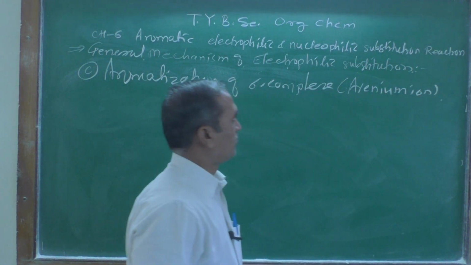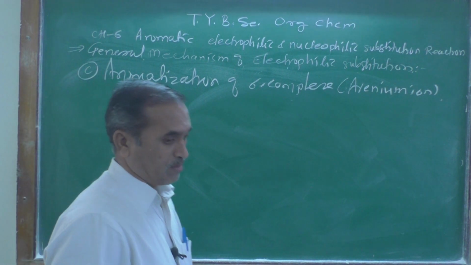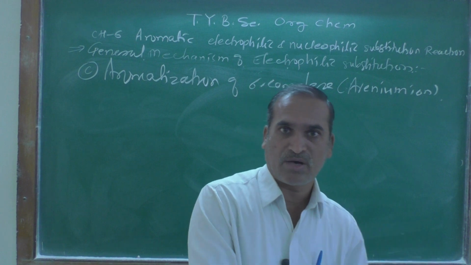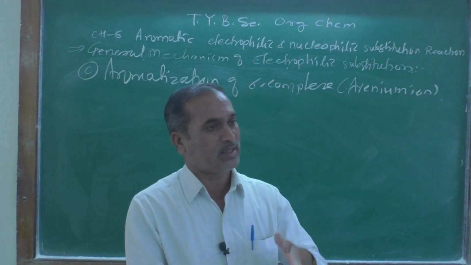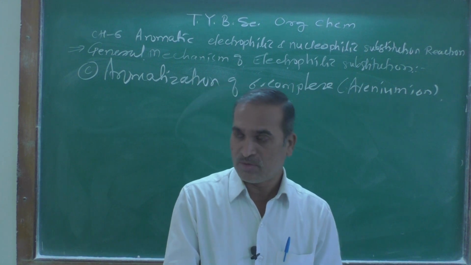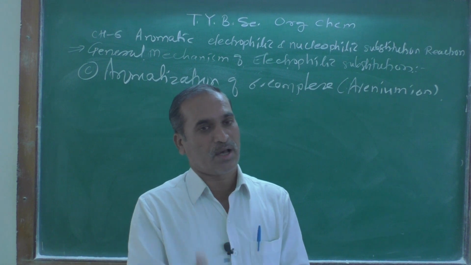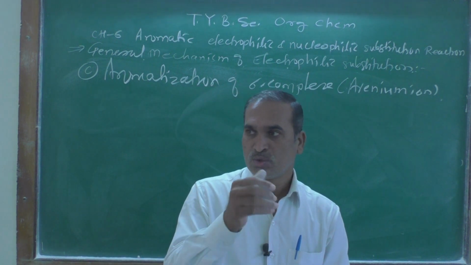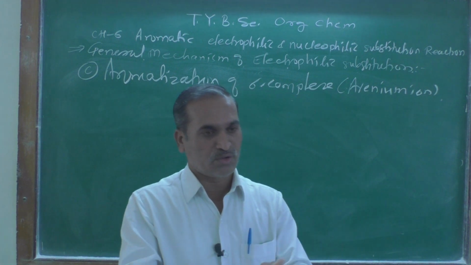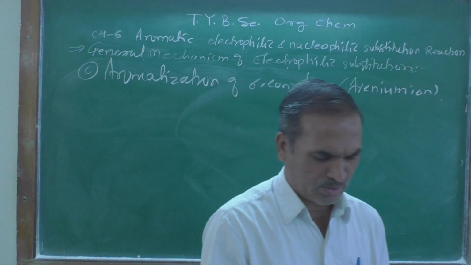We are using the word arenium ion frequently. Aromatization of the sigma complex, because just now we have seen the existence of the sigma complex. Now why aromatization? As we know, for an aromatic compound after aromatization, there is a driving force to lose the hydrogen atom, and we get the aromatic compound.